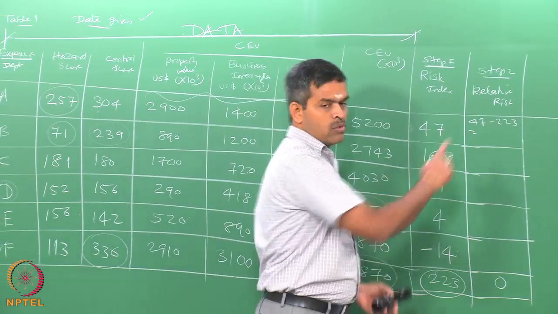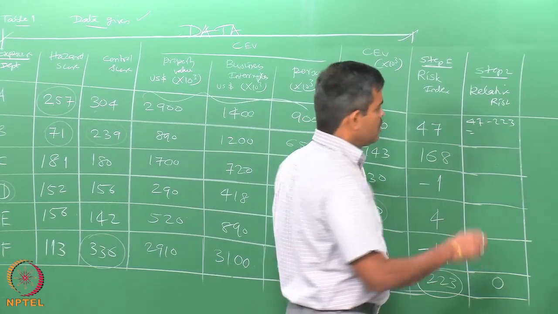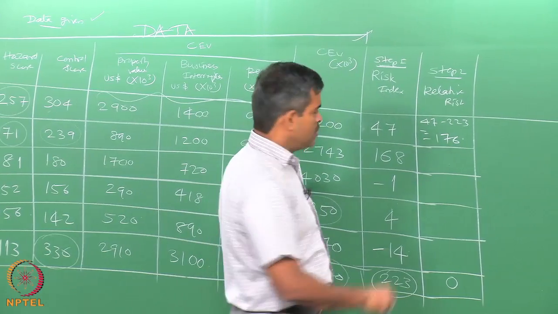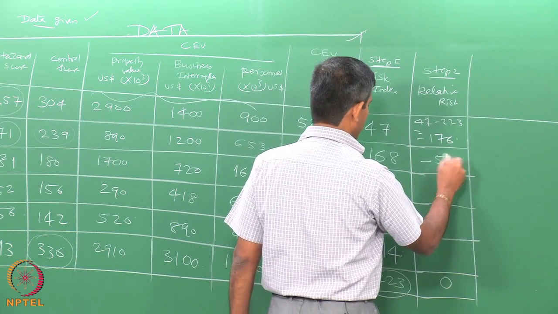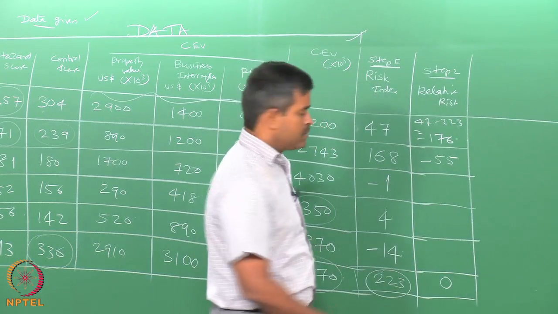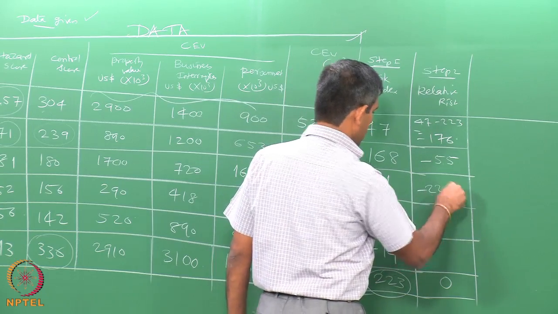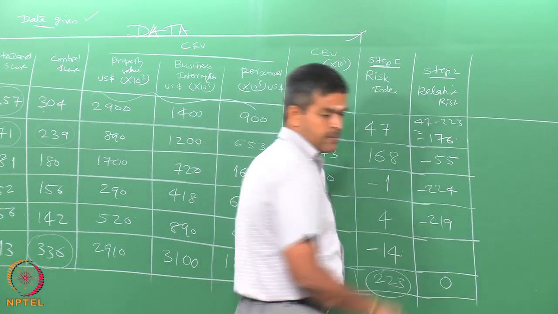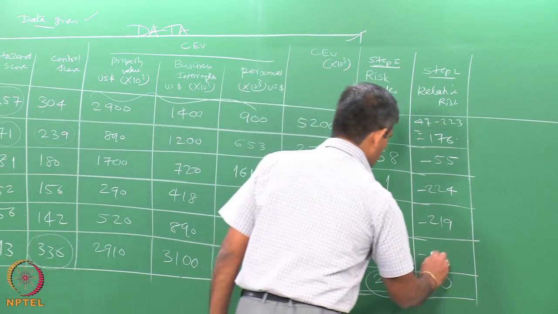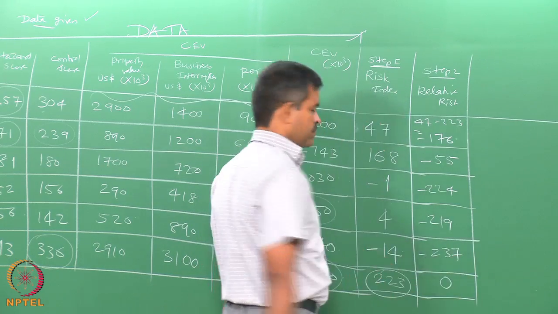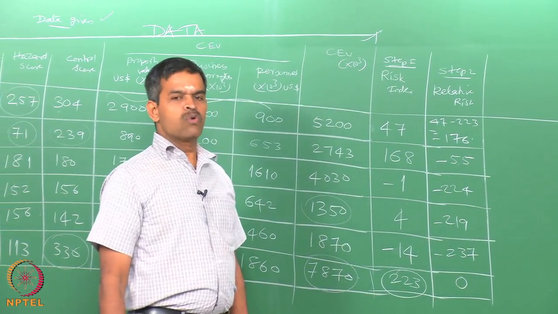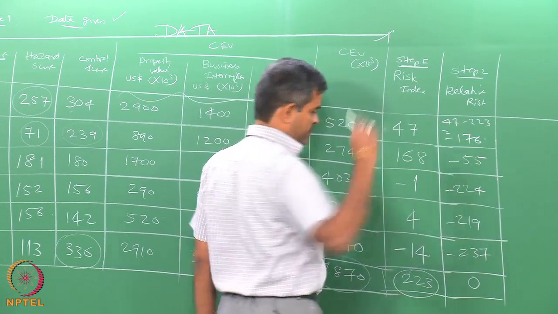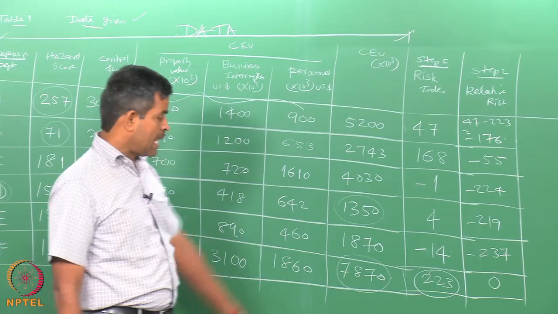Therefore, 47 minus 223 and so on and so forth, let us do that. So, this is going to be minus 176. This is minus 55, this is minus 224, this is minus 219 and this is minus 237. You will always notice and check that the ones which are already negative will have a further increase in the negative number.